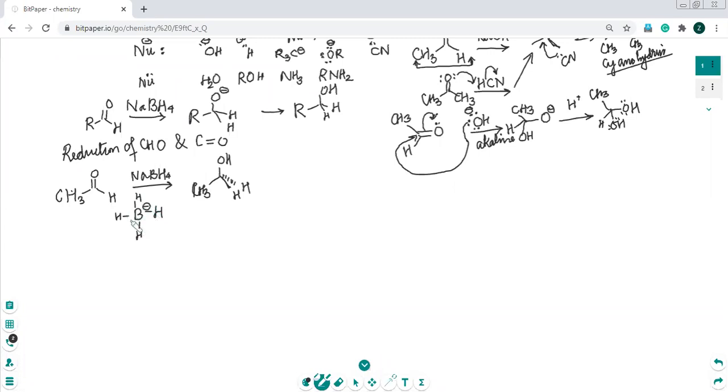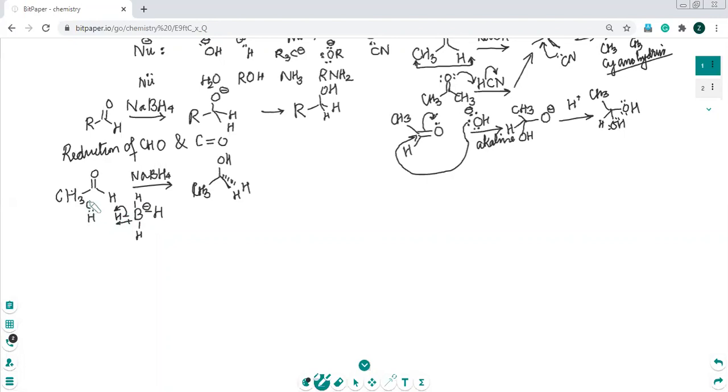Since there is a negative charge on the boron atom, remember the B-H bond is polarized towards the hydrogen because boron is more electropositive, even though it contains an extra electron. So this bond shifts towards the hydrogen, and hence it generates H minus.